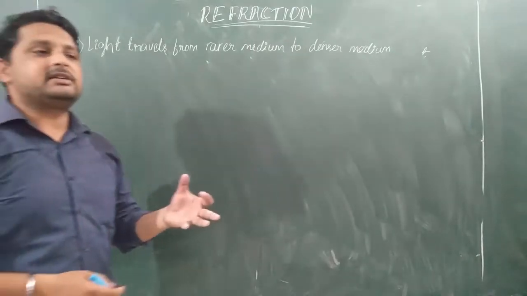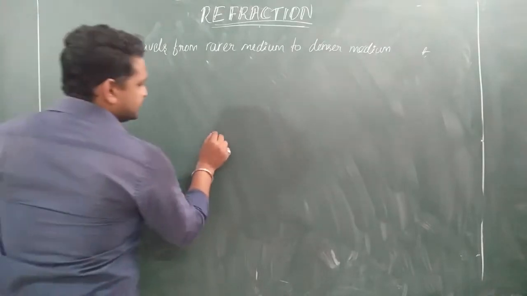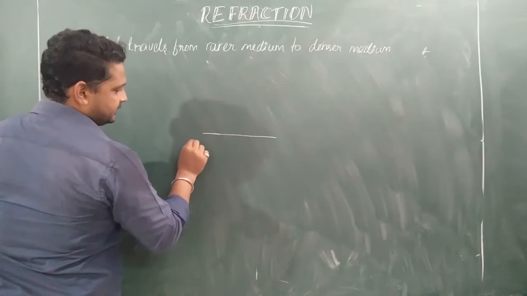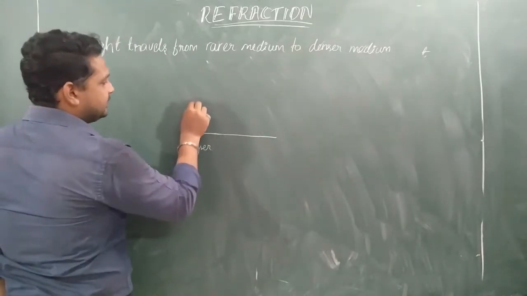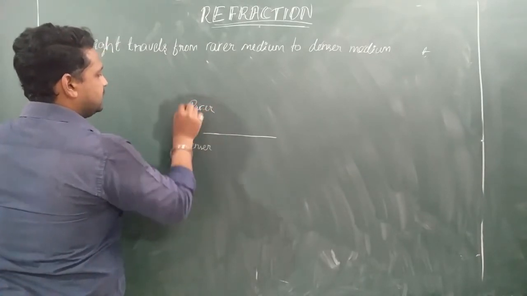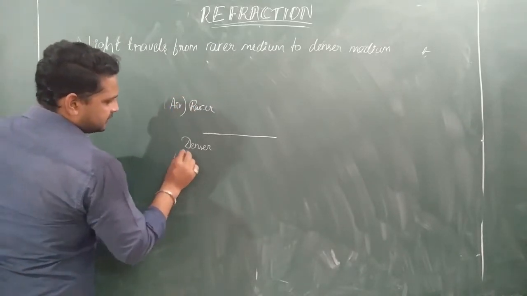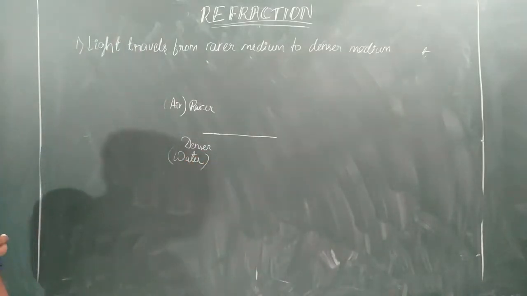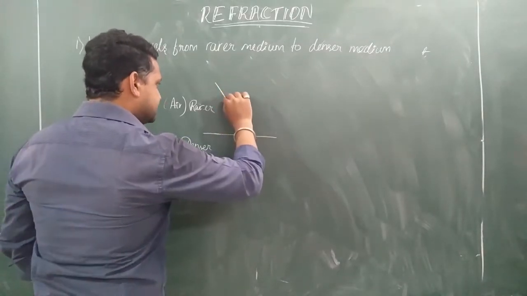It is just the same case that you saw when dipping the pencil in the tumbler. Okay. So let us consider this is the point of intersection of both the media. Here is a denser medium, we can consider water, and here is a rarer medium like air. So suppose this is the incident ray.